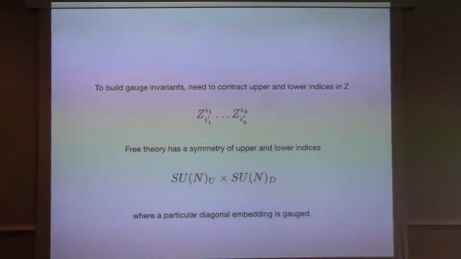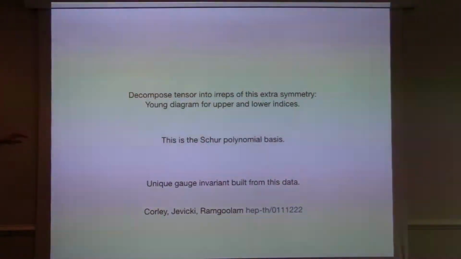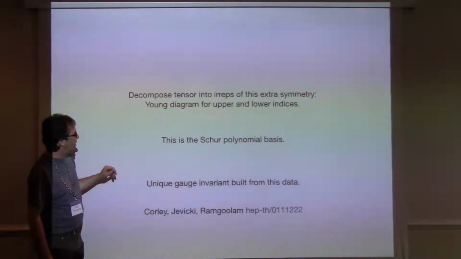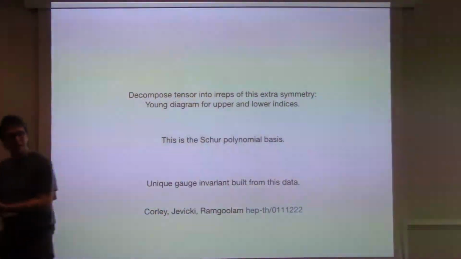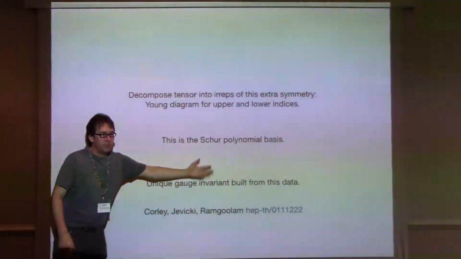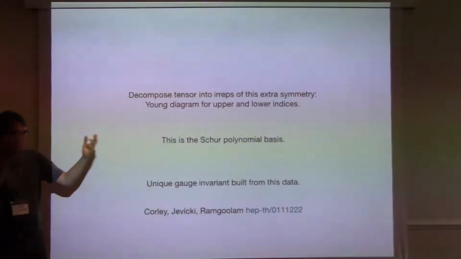Okay? So if you decompose these things, again you get a Young diagram for upper and lower indices. They need to be the same Young diagram. And this is what's called the Schur polynomial basis. And then there's a unique gauge invariant built from this data from each one of these Young tableaux.